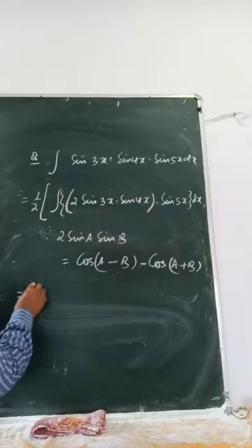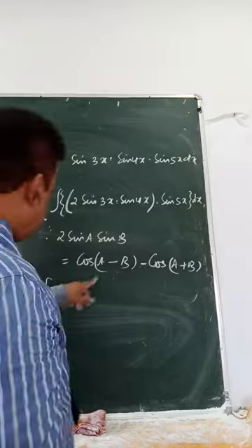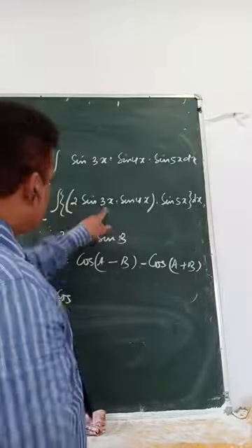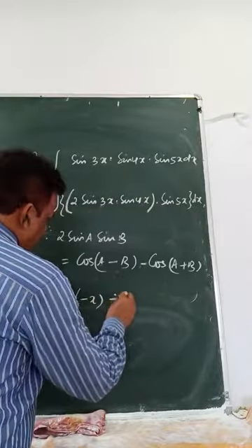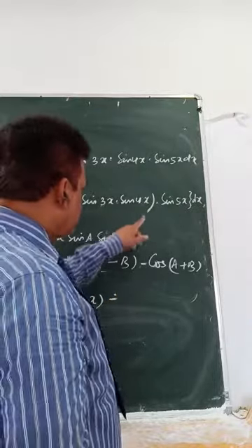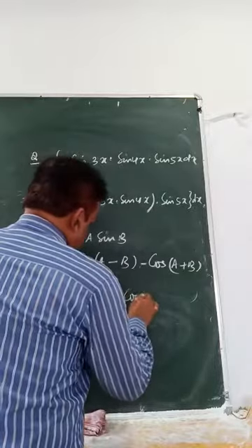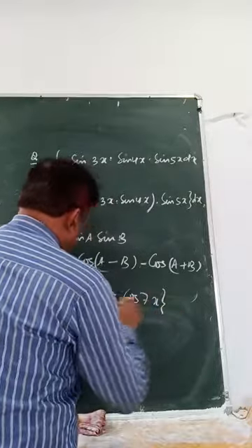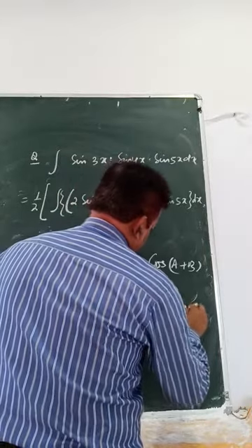So half of cos difference. Look at difference. Directly you write 3x minus 4x, minus x, minus cos plus, cos of 3x plus 4x, 7x. Then here is sin 5x.